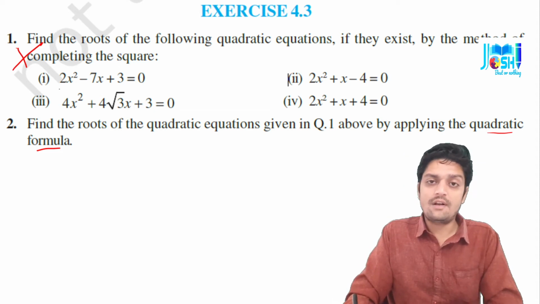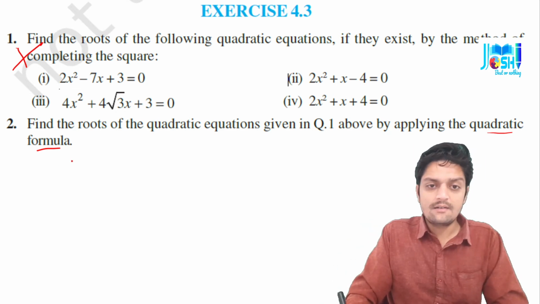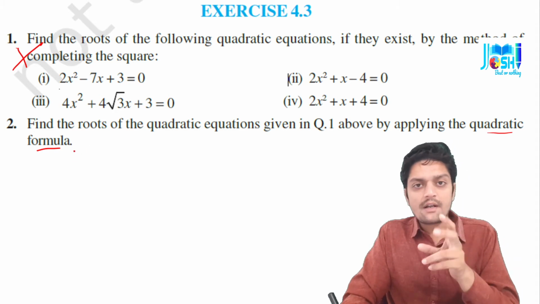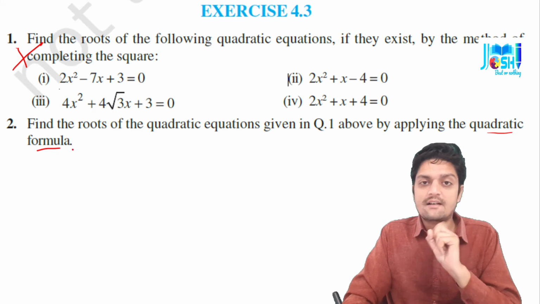Now first of all, let me write what the quadratic formula is. As you all know, in quadratic equations you get a maximum of two roots. The first is alpha and the second is beta.